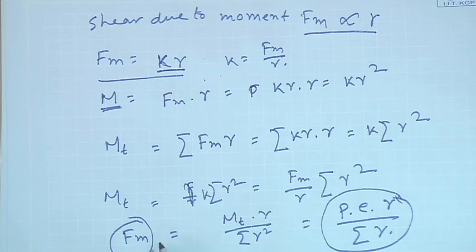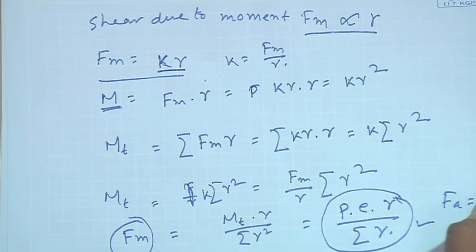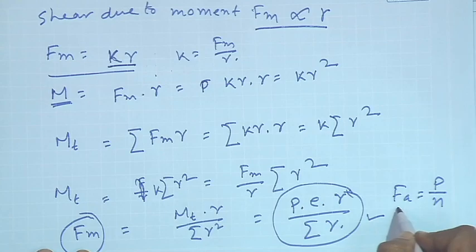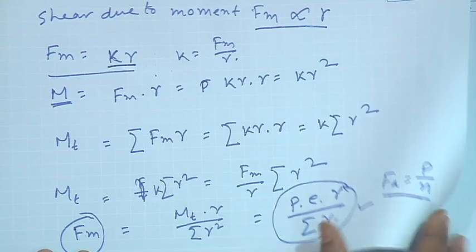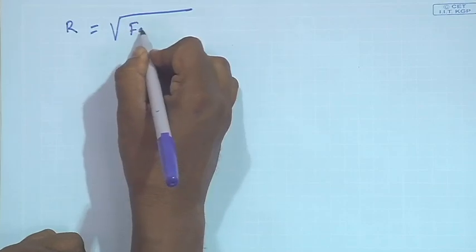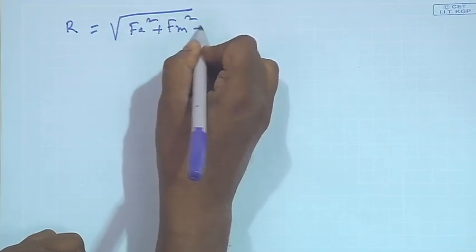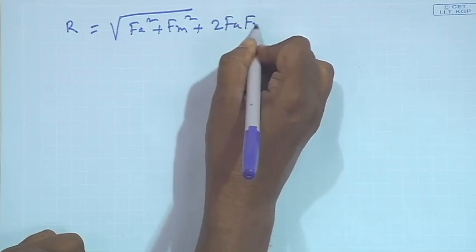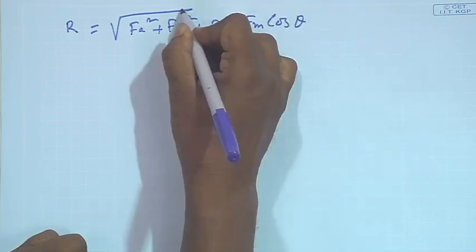So, Fm, the force on a particular bolt due to moment, can be calculated this way, and Fa we know is basically P by n, where n is the number of bolts. So, this is how we can find out the values of Fa and Fm. Now, we can find out the resultant force, that will be the square root of Fa square plus Fm square plus 2 Fa Fm cos theta, right.